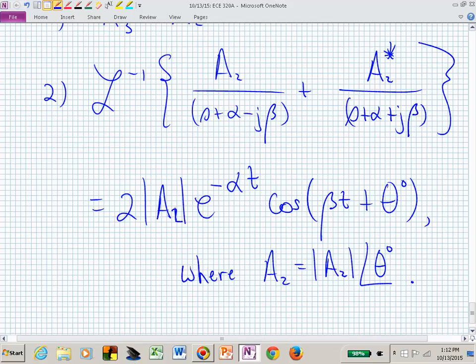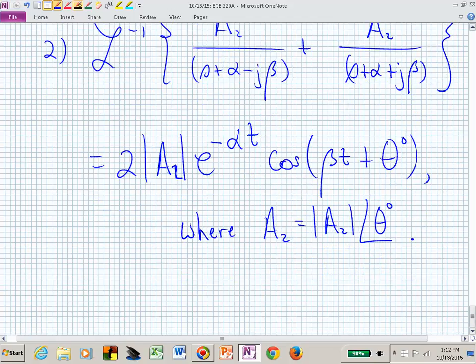If you find a complex number for a sub 2, do you see how you can quickly write down the time domain expression and not have to go through all of those steps we've already gone through? You don't have to do that on the exam. You can just use this expression to immediately write down your answer once you have a sub 2 as a complex number in polar form. You need its magnitude and angle.